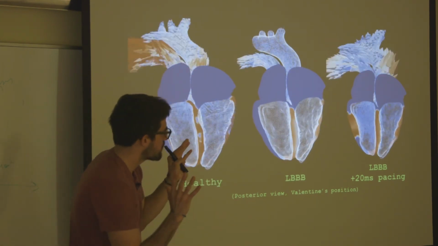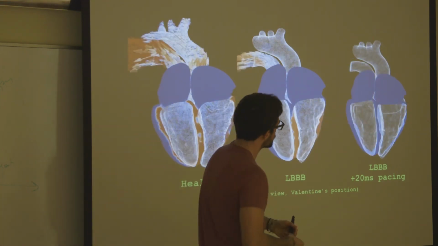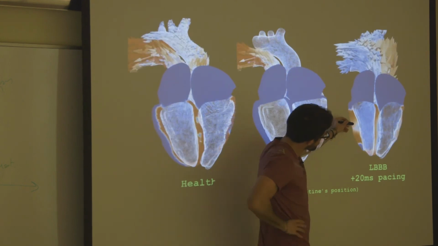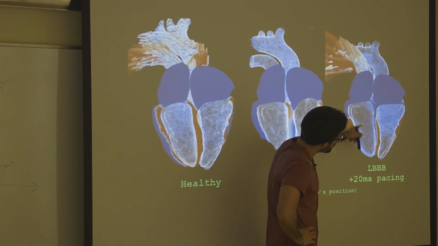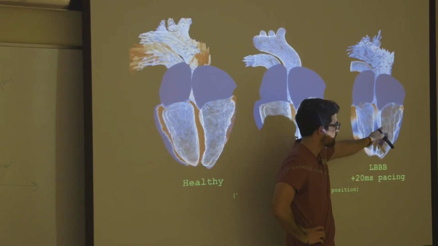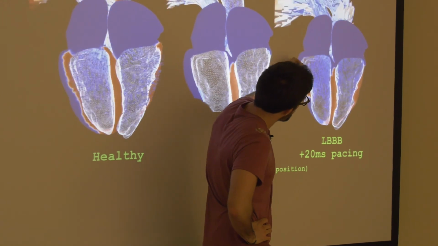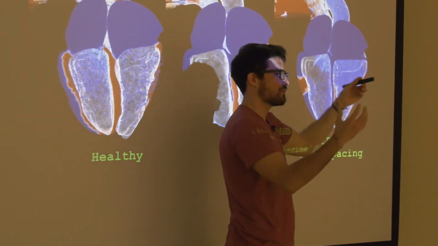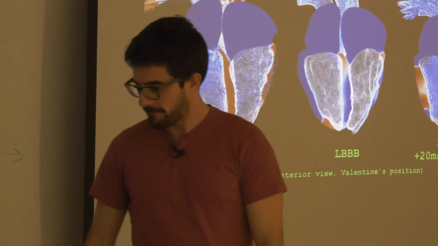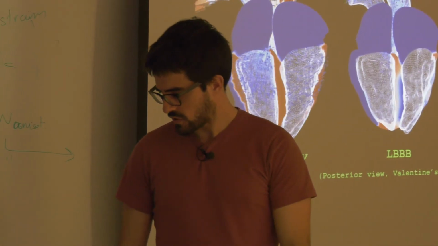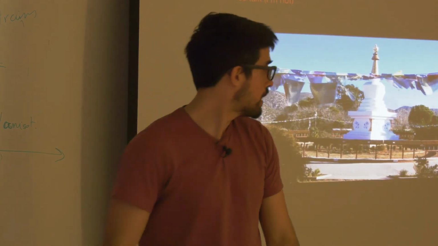And here you have the simulation with the treatment induced. You can see that there is an impulse starting here before the depolarization of the right ventricle. With that, you get resynchronization of both ventricles, and both ventricles start beating again.